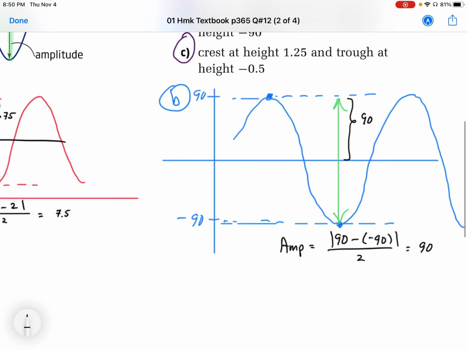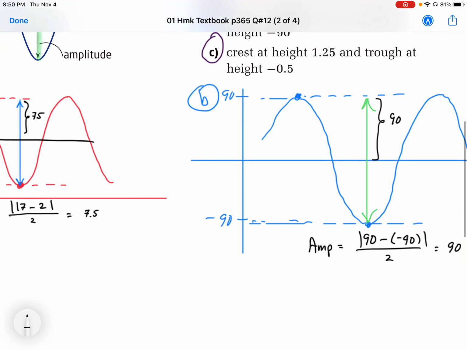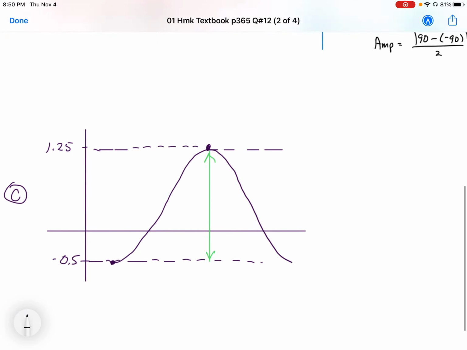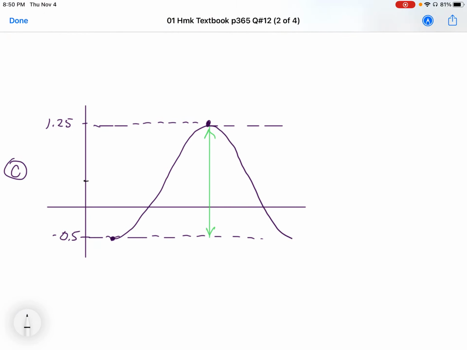For C, it says a crest is a height of 1.25 and a trough is at a height of negative 0.5. Okay, so there's our 1.25 and negative 0.5. The amplitude again is going to be the half distance between the 2 points, so the amplitude is equal to the position 1.25 minus the position negative 0.5.